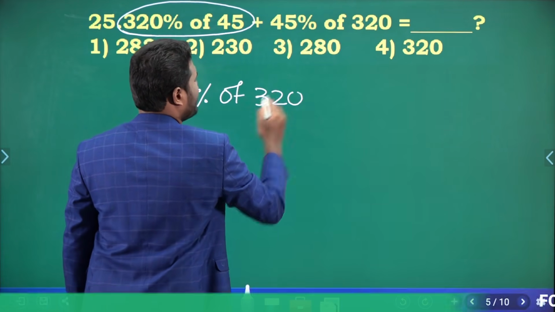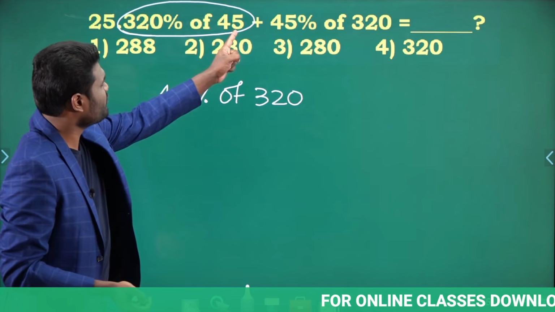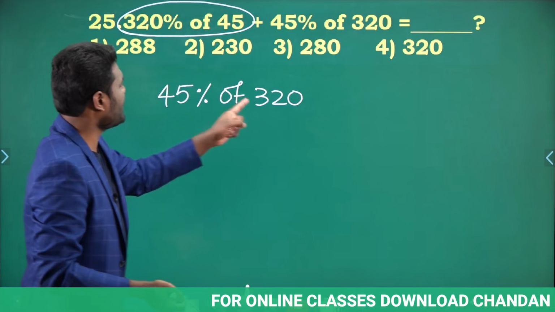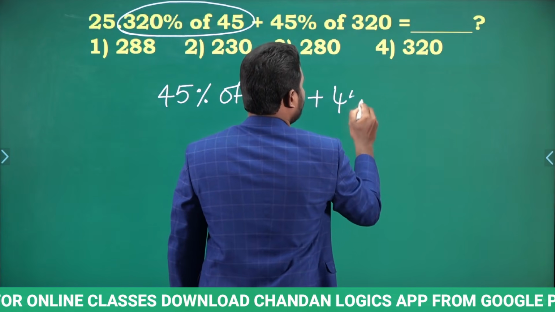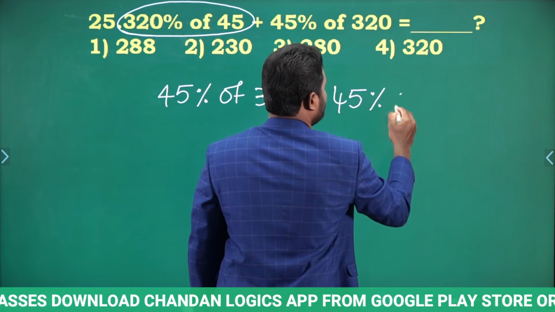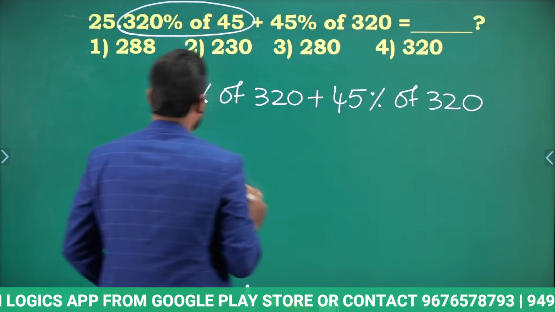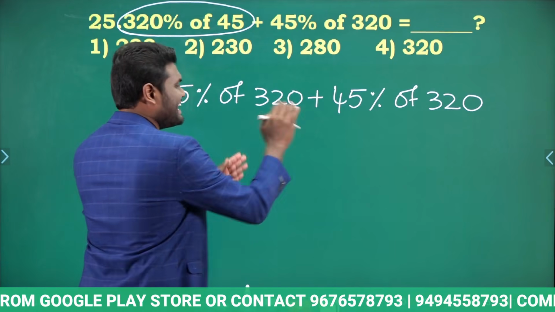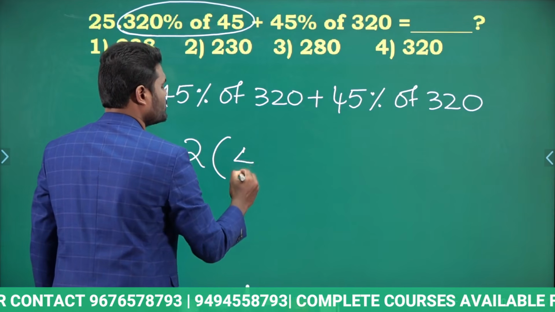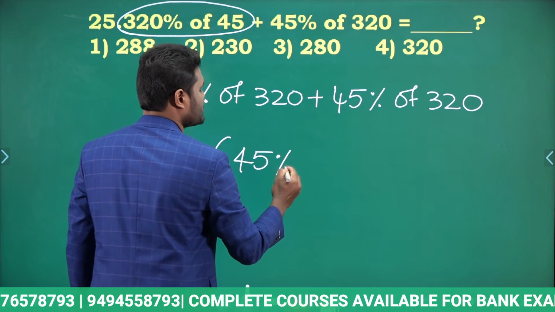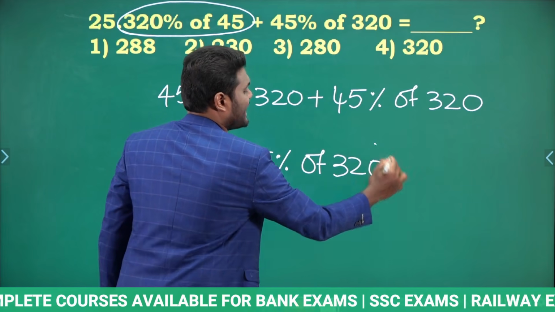Because X percent of Y is the same as Y percent of X. That is the reason 320% of 45 can be written as 45% of 320, plus even here I have 45% of 320. Now this is 45% of 320, and even this is 45% of 320. Now this is going to be 2 into 45% of 320. Yes or no? Now calculate.